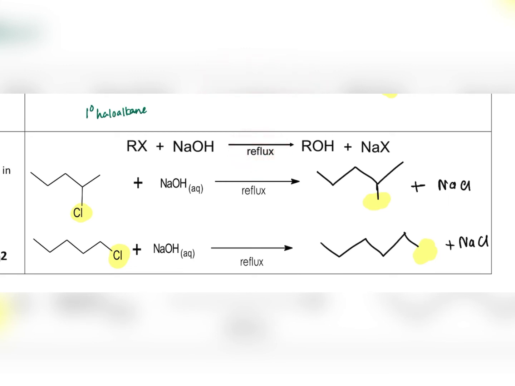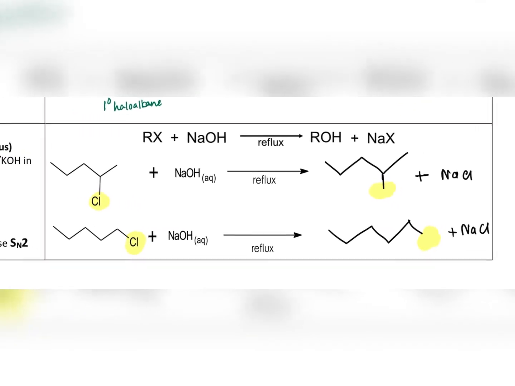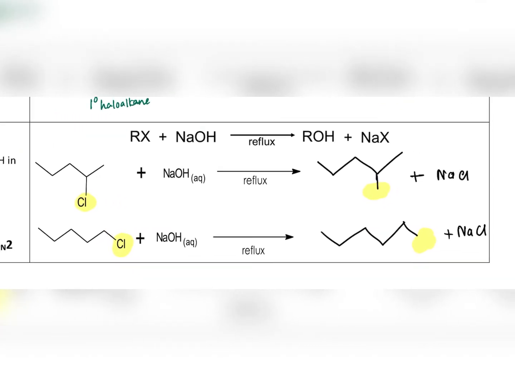Okay, and the product you akan dapat alcohol and sodium attached to your halogen. Contoh kalau Cl jadi NaCl, kalau potassium KCl, and so on lah. Okay, so let's have a look at the first example. Okay, let's say you have this haloalkane, and ini tadi sama je dengan example before this, it is secondary haloalkane.